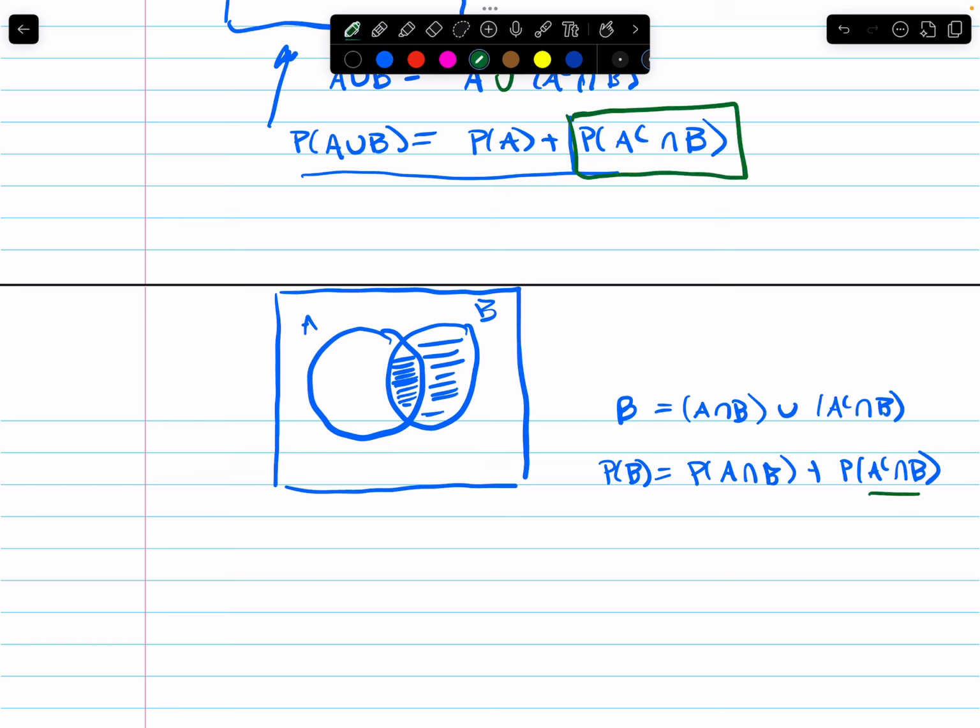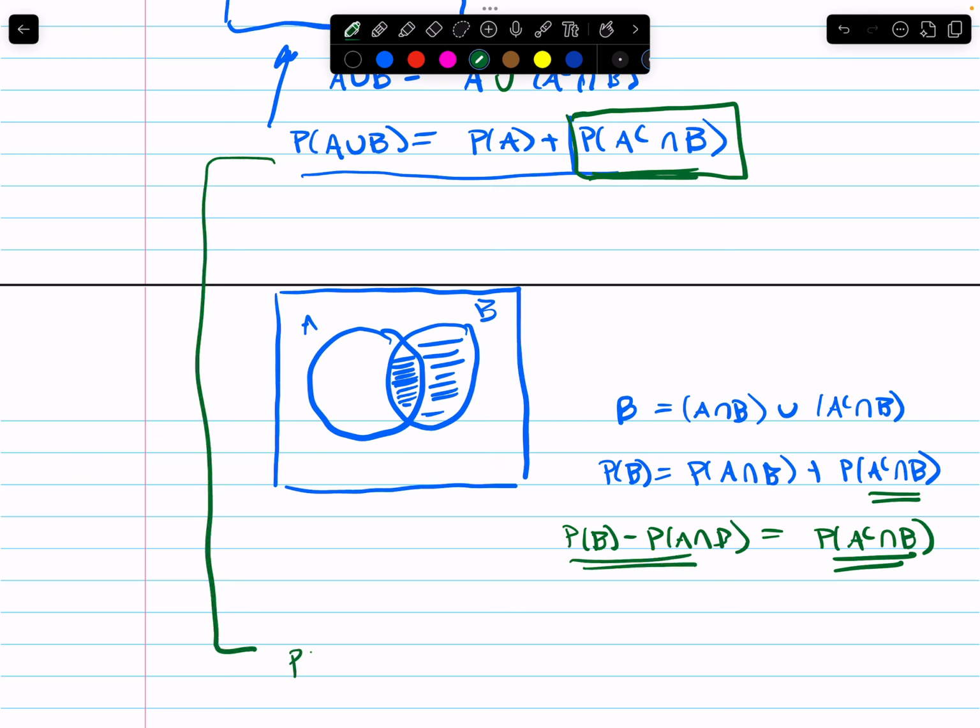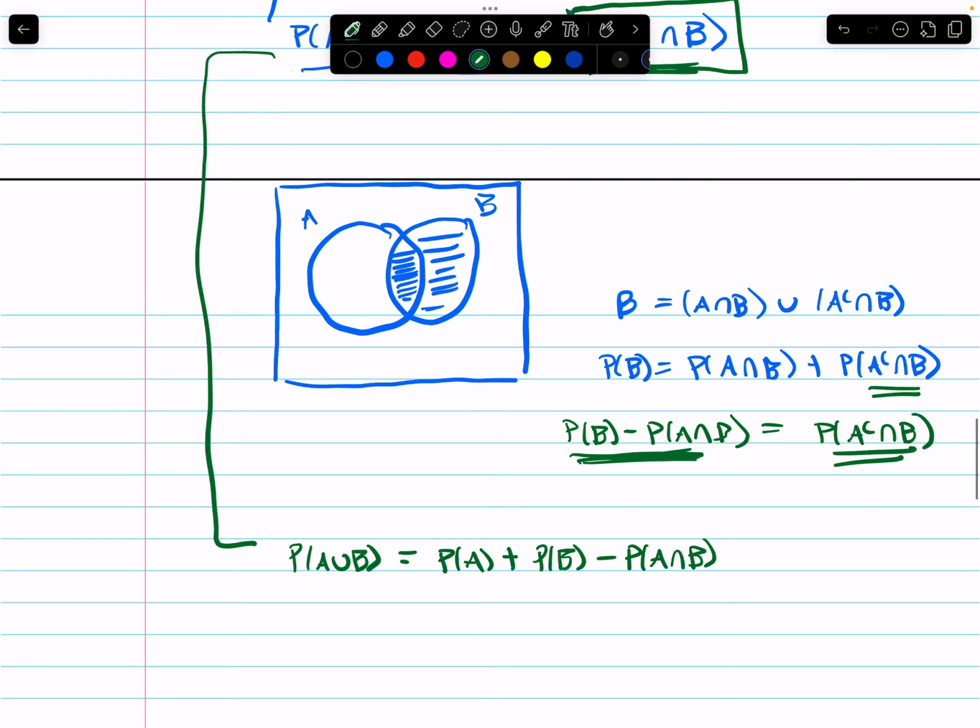So if I have this by itself, I get the probability of B minus the probability of A and B is equal to the probability of not A and B. So I'm going to replace this right there with this. So coming down here, I have the probability of A union B equals the probability of A plus, now insert this, the probability of B minus the probability of A intersect B, which we showed above with the Venn diagram, but mathematically we could show it with our axioms.